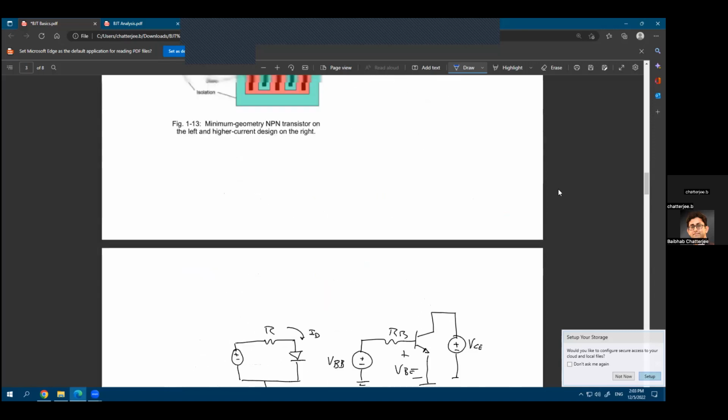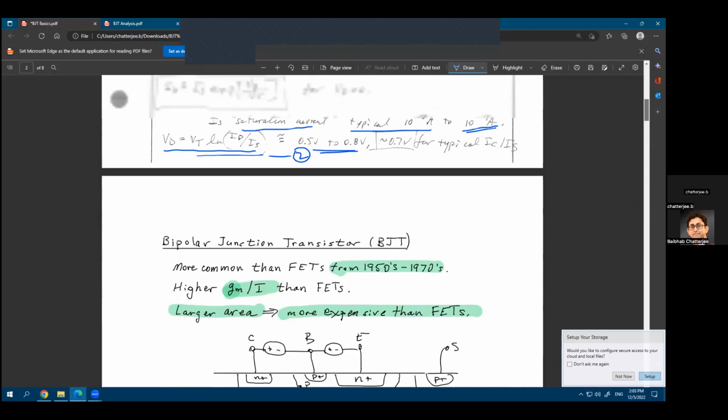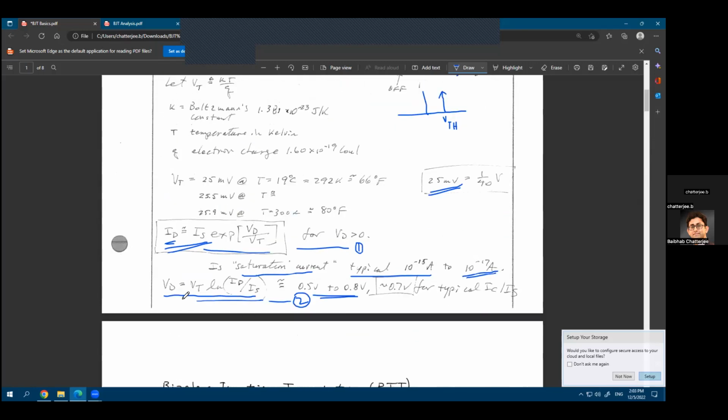And this is the same equation we had been talking about for the past few minutes: the drop across the diode is VT, the thermal voltage, times ln of ID over IS. Even though the ratio of currents changes by a large amount, the voltage will not change by a large amount. So that's why it's okay to approximate this voltage to be a constant voltage.